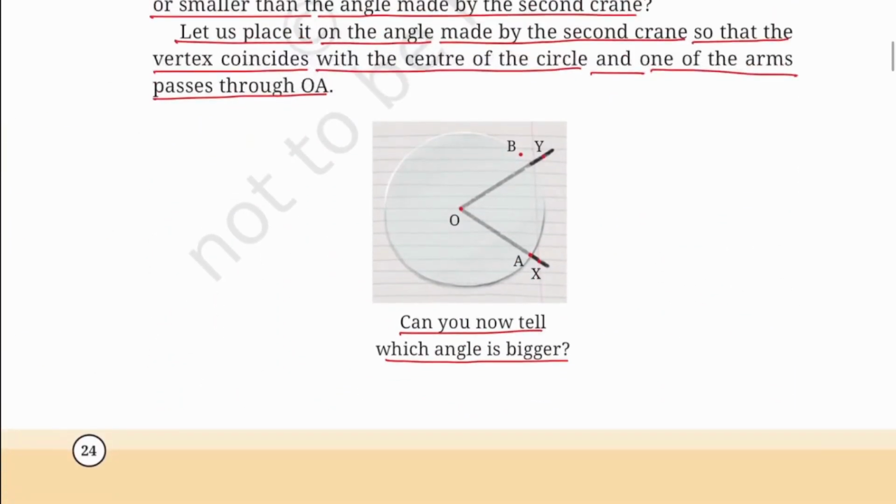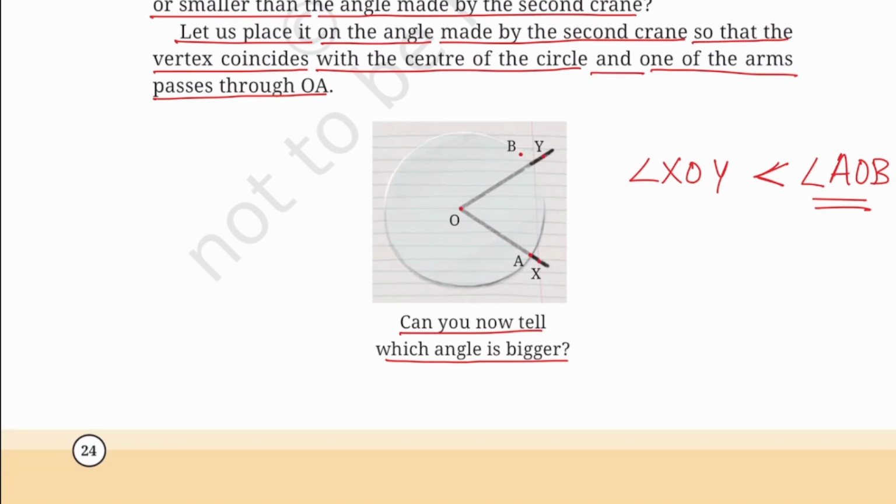After placing that on the circle, you will observe that angle XOY is smaller than angle AOB. That means the first crane that is making an angle AOB has a larger mouth opening.